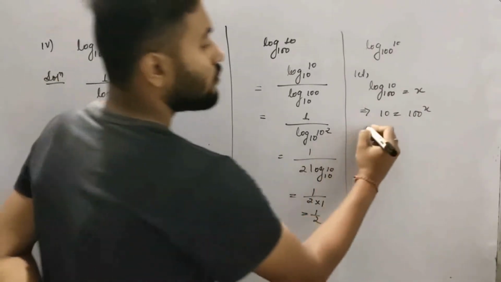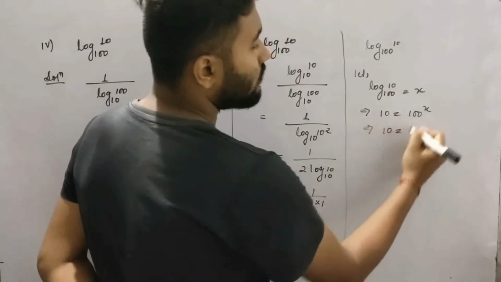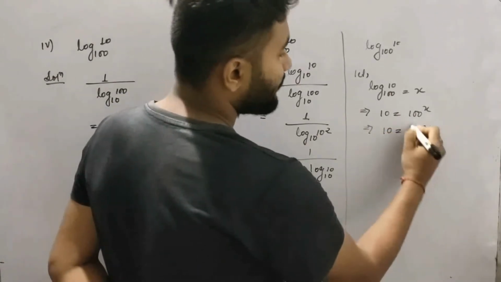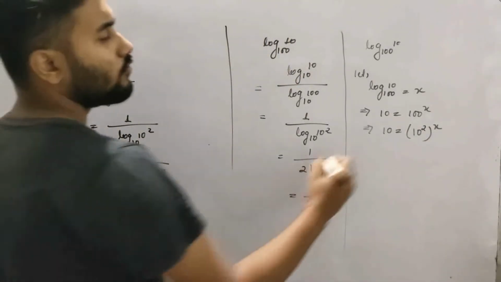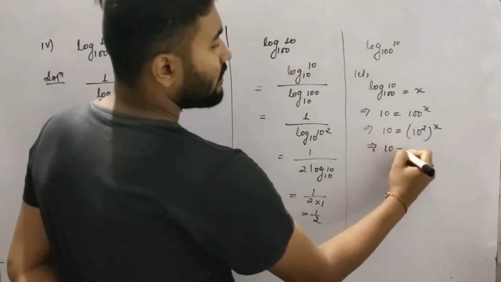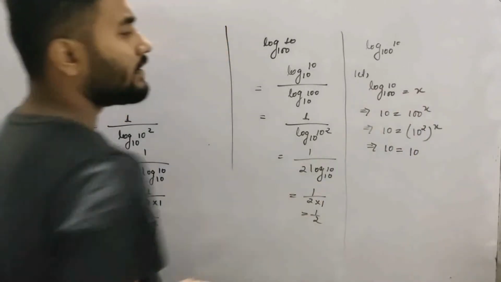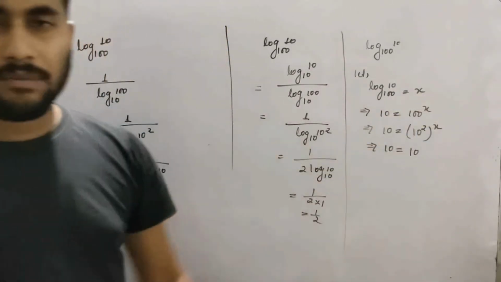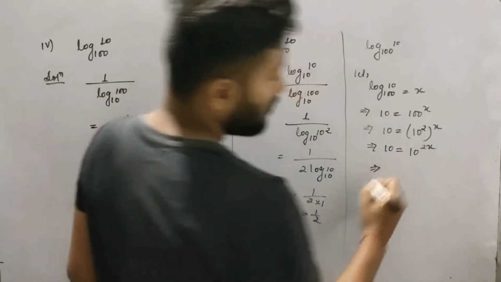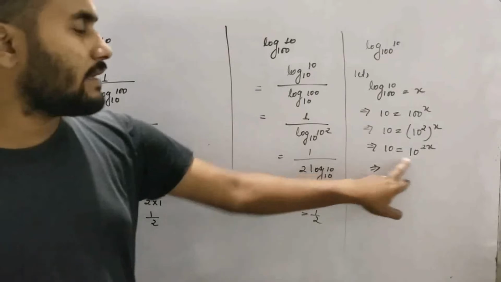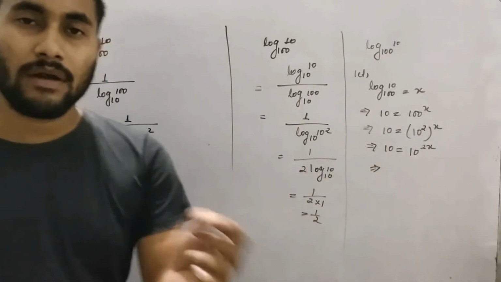So see, which implies 10 will be equal to 100, I can write as 10 square, and then to the power x. Which implies 10 to the power, this power will get multiplied in this formula, so twice x. So over here, base and base are the same, so our powers will be equal.